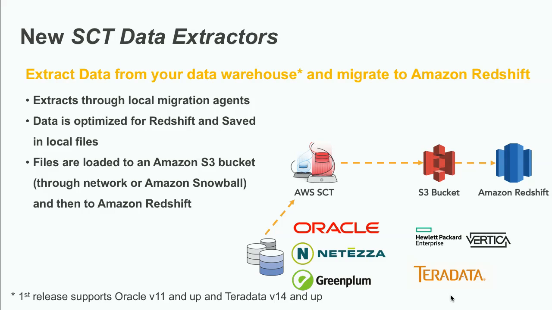With this functionality, we support 5 data warehouses: Oracle, Netezza, Greenplum, Vertica, and Teradata. And if you follow us closely, we're adding additional capabilities and additional support for data warehouses.